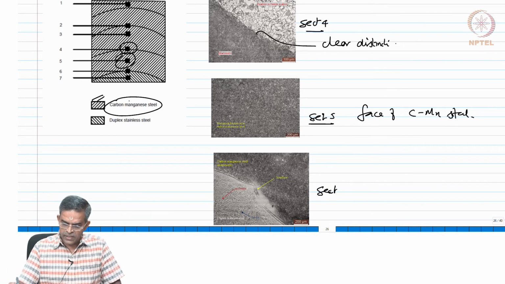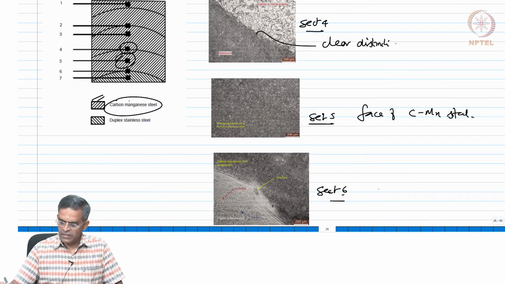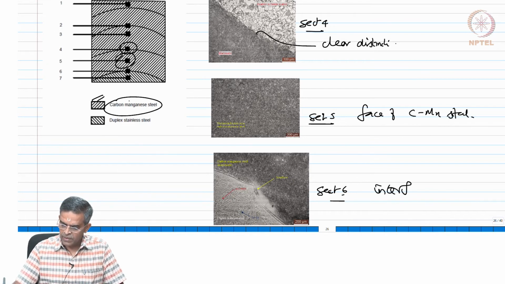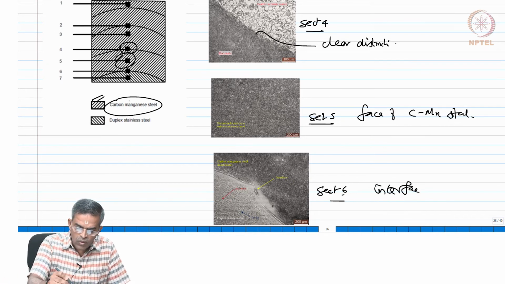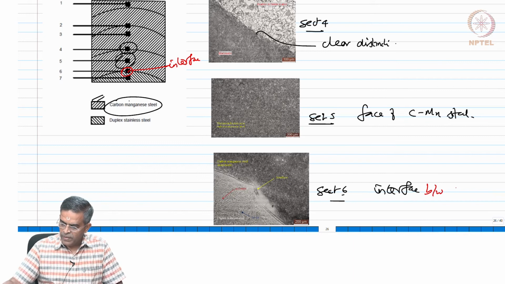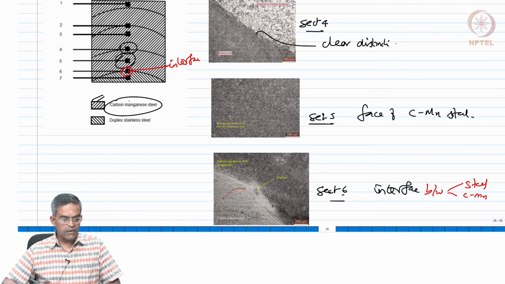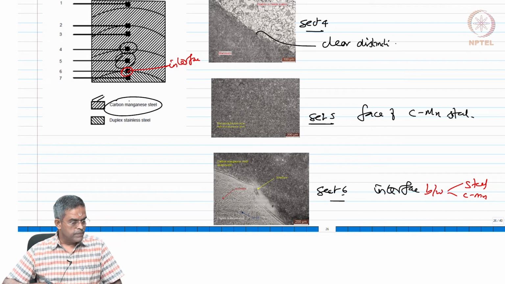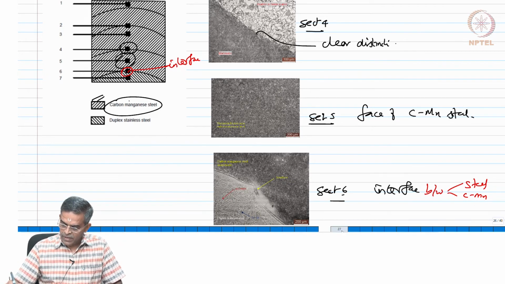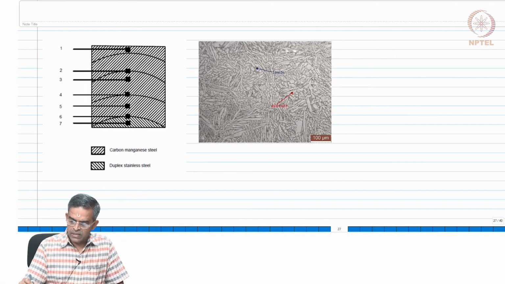This is section 6, is the location of interface, because you can see section 6 is located exactly at the interface between the stainless steel and carbon manganese steel, is it not? So, one can very clearly see the interface in the image, and section 7.